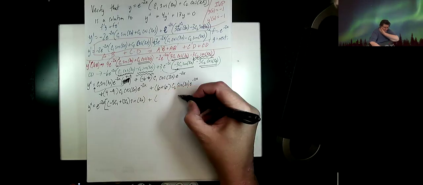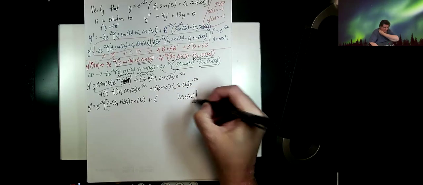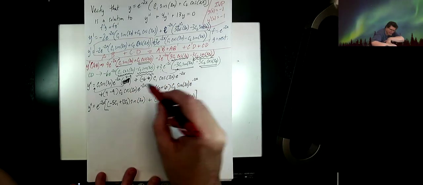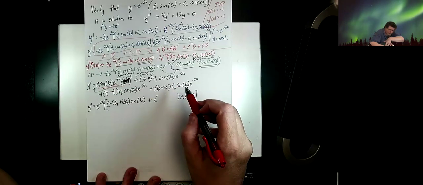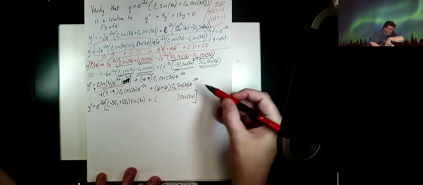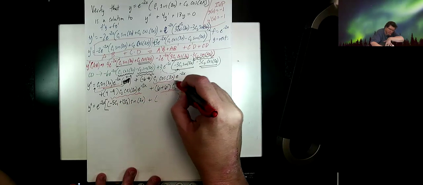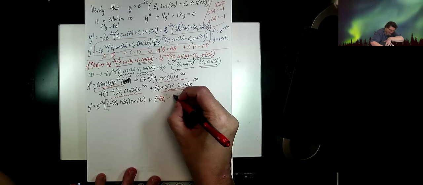And then I'll have a parentheses for the cosine 3x. What I did there was this one and that one. So now I want to do this one and this one. I've got negative 12C1 and negative 5C2.